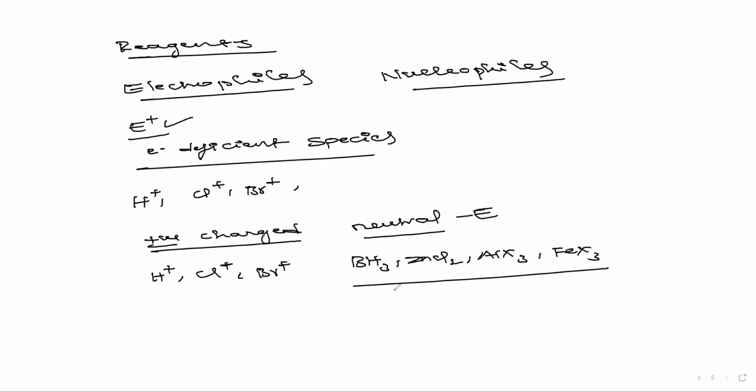Nucleophiles are generally denoted as Nu minus. There are two types of nucleophiles: negative nucleophiles and neutral nucleophiles. Negative nucleophiles mean all negatively charged ones, like OH minus, Br minus, Cl minus.